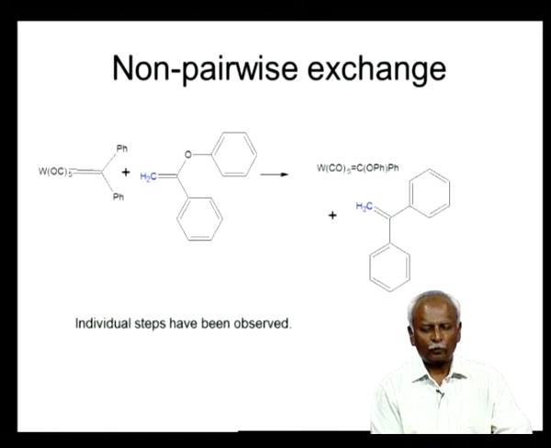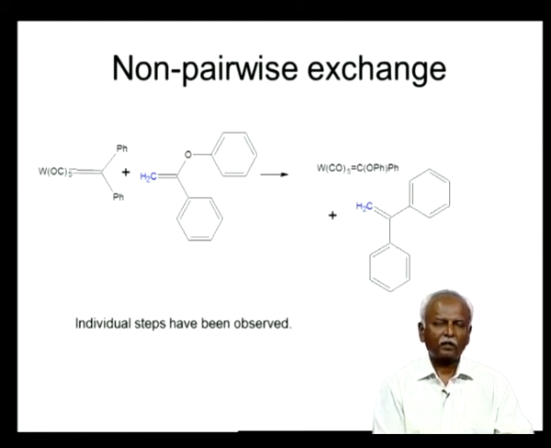Now, this non-pairwise mechanism or this non-pairwise exchange appears to have some kind of support in several individual steps which have been observed. For example, you can think of an olefin which is a vinyl ether. I have pictured here a vinyl ether, and this vinyl ether can exchange with a tungsten carbene complex, which has got two phenyl groups on the carbon.